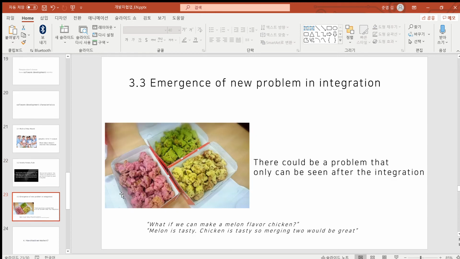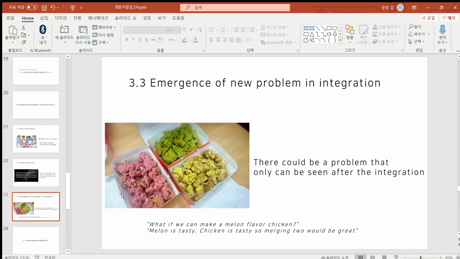Lastly, there could be the emergence of new problems in integration. Let's say you're making a module and that module passed all the test examples, but after that module is implemented in the system, the input, output and protocols inside the module could lead to a fatal system error.